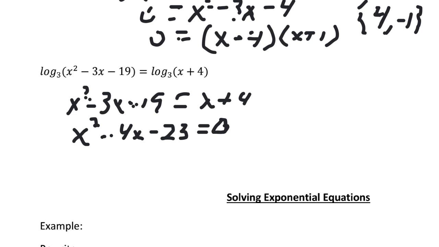Negative 4 squared minus 4 times a, which is 1, times c, negative 23. And the 108 underneath there.